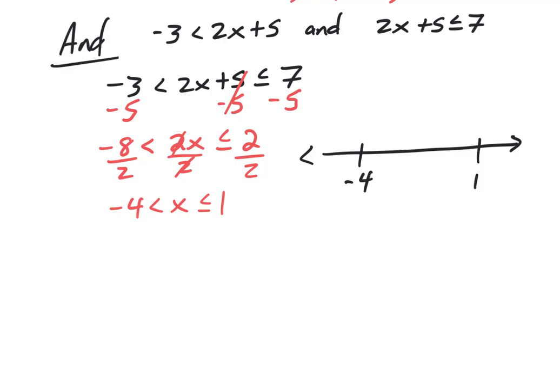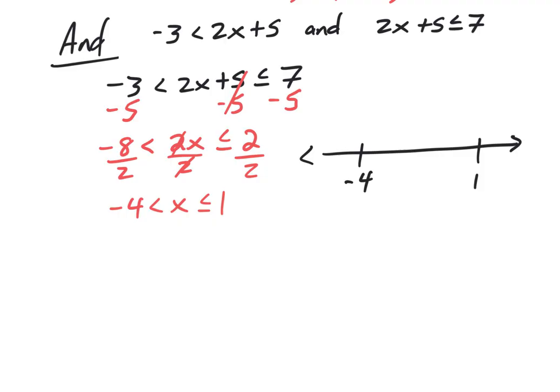Okay, negative 4 is less than x. That means we are not including negative 4 because the sign next to the negative 4 is less than, not equal to. And really the way that we're reading this is x is somewhere between negative 4 and positive 1, including positive 1.